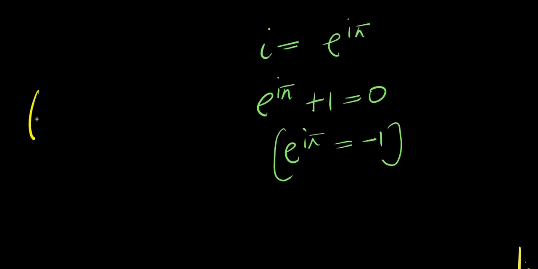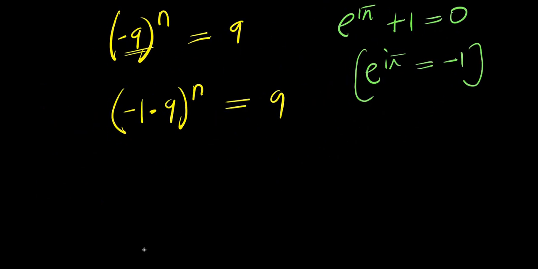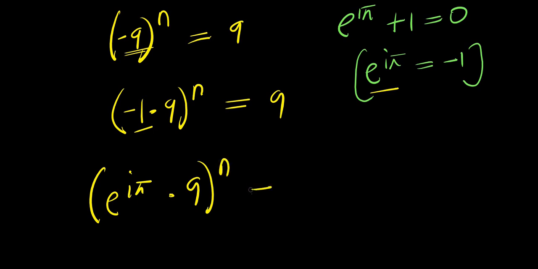We have negative 9 power n equals 9. We express this as negative 1 times 9 power n equals 9. And negative 1 is e power i times pi. So e power i times pi times 9 raised to the power of n equals 9.